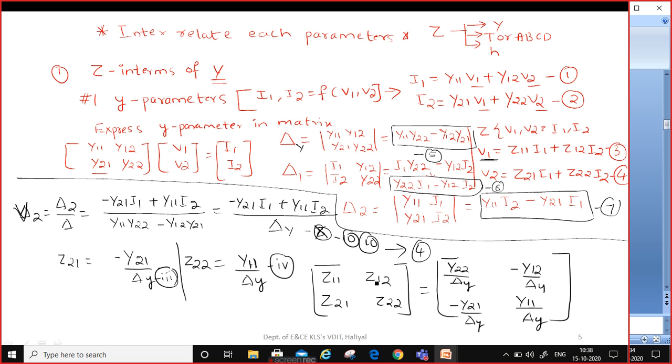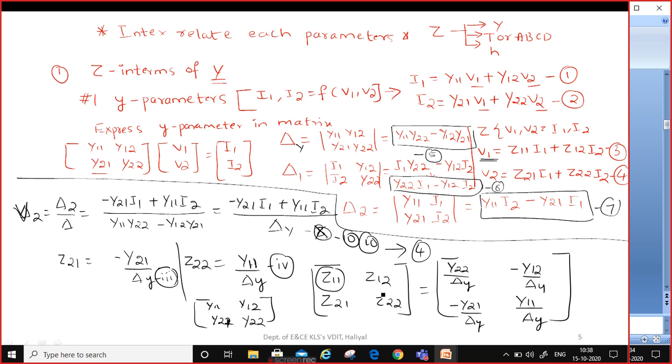See, remembering these things is not a big task here. It is very simple. How to remember this? If you write 11, 12, 21 and 22, and you want to express Z11, take the diagonally opposite value, Y22, and divide it by delta Y. Everywhere delta Y is there, that is not a problem.